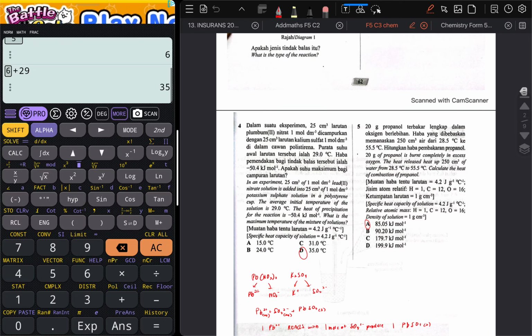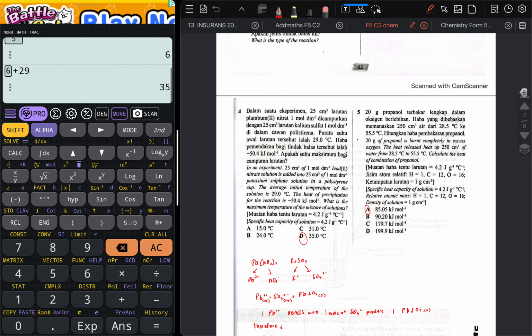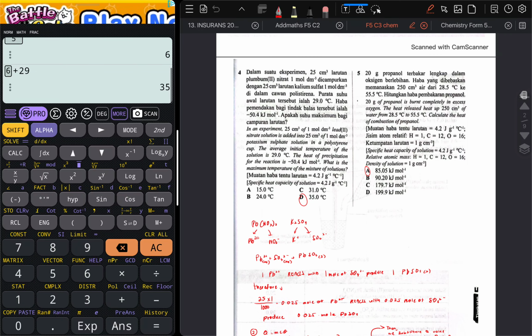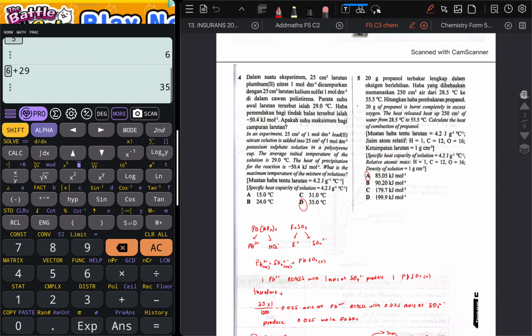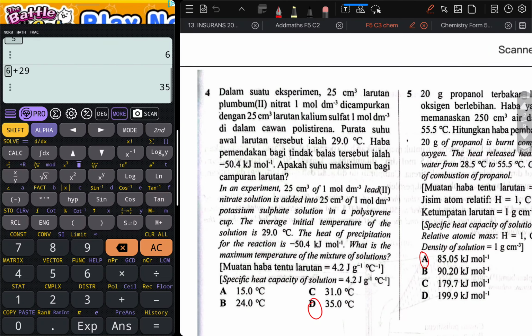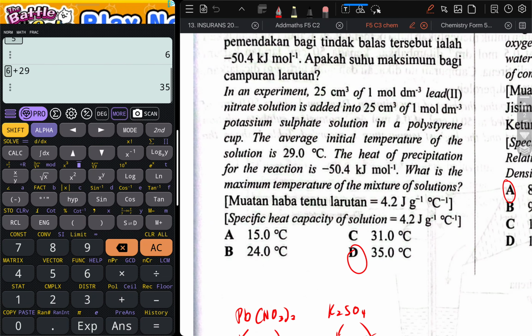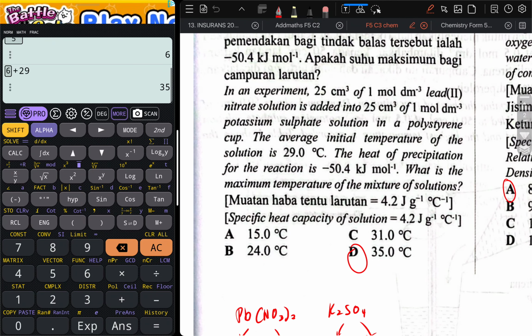So what I want to go through is your question 4 and question 5, but in this video I'll just explain question 4 first. So this is your question 4. In an experiment, 25 cubic centimeters of lead(II) nitrate solution of this molarity is added to the same thing, but the compound is different.